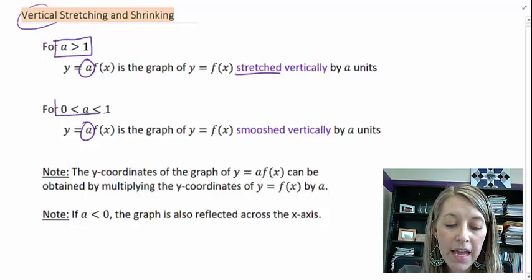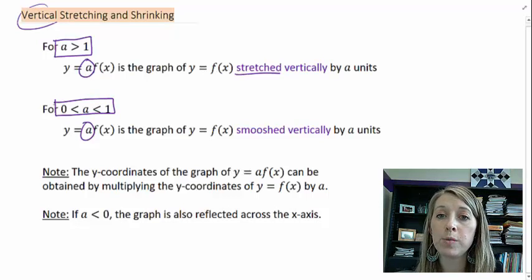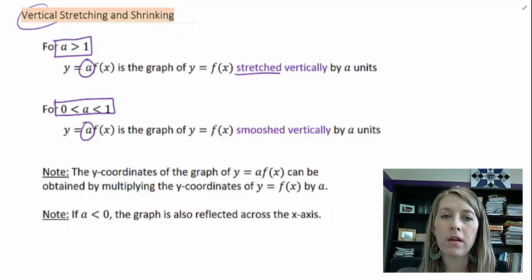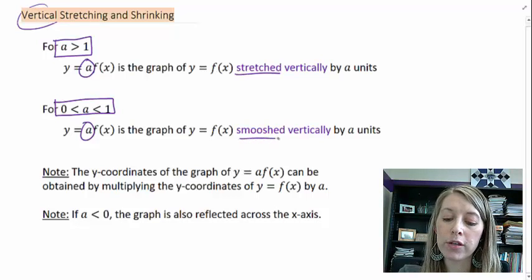If our a is between 0 and 1, so think of numbers between 0 and 1, 1/2, 0.25, 1/3, 0.8762. Those are kind of small values. So if you're multiplying by a small value, you're going to smush your graph, and this is vertical.